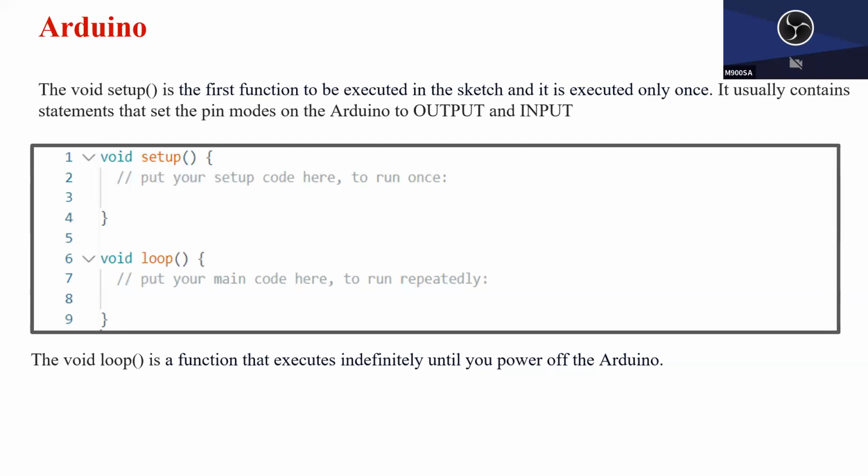The void loop is a function that executes repeatedly until you power off the Arduino. Which means anything you write in this function will continue to operate until either your power supply ends or the Arduino board is broken.